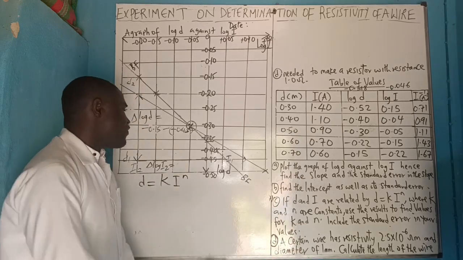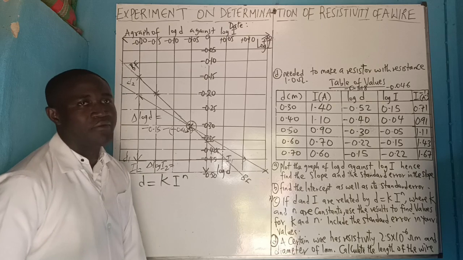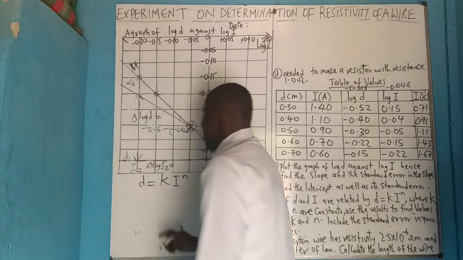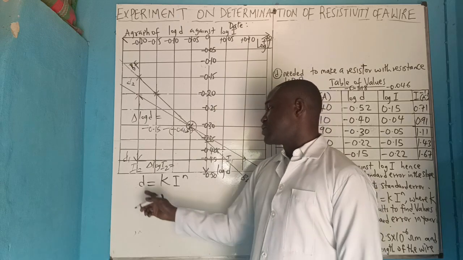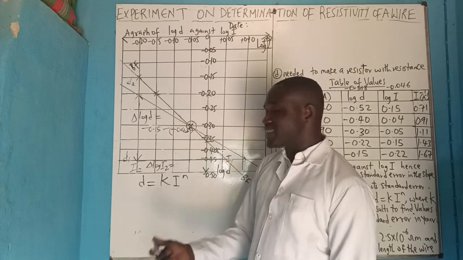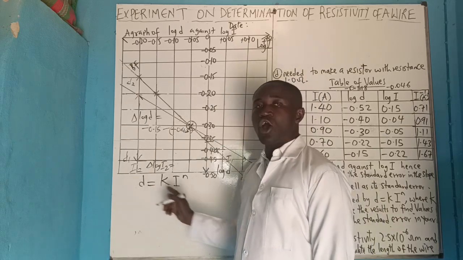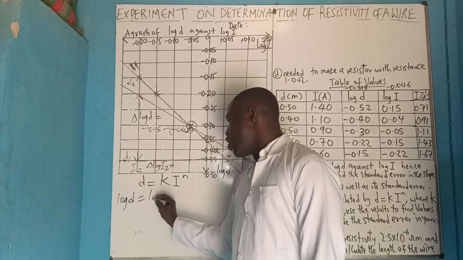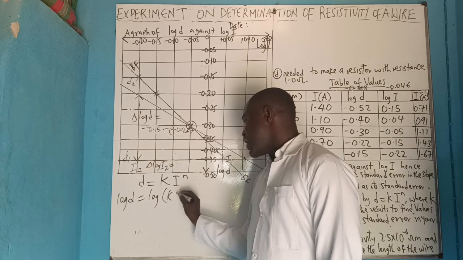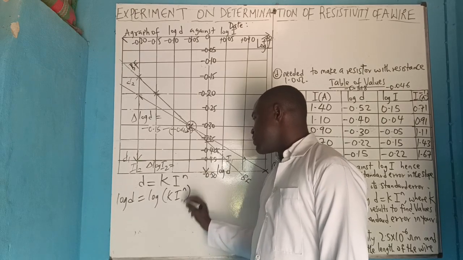Now you have to convert this formula to a linear equation. You have to convert it in a way you understand it. And to do that, take log of both sides. Log d equals log bracket k I raised to power of n.